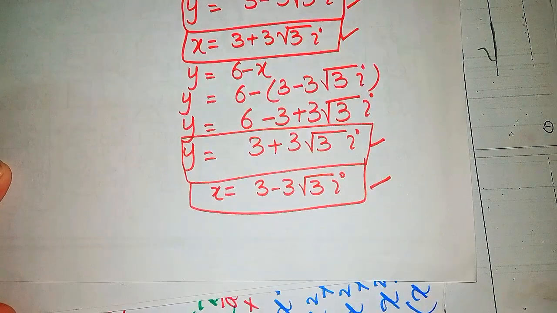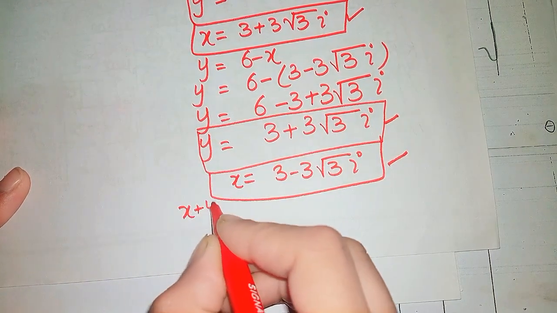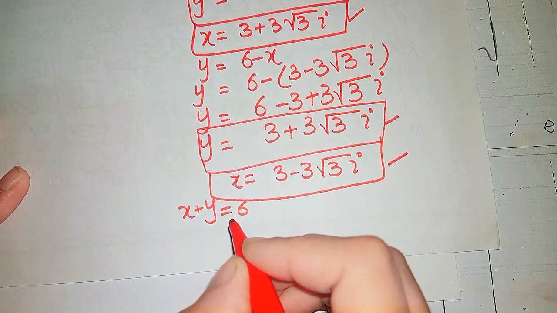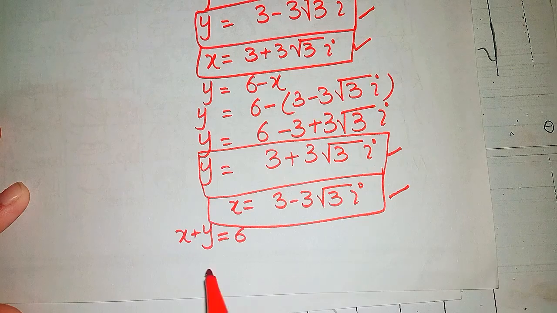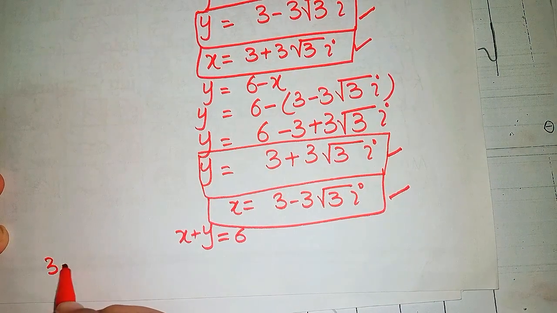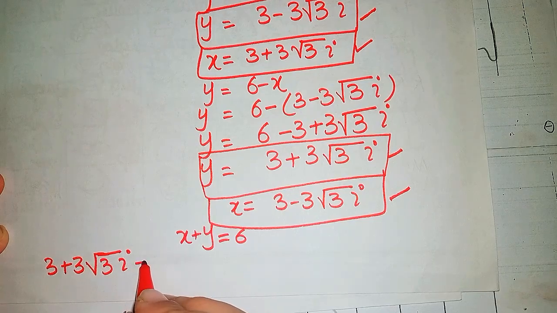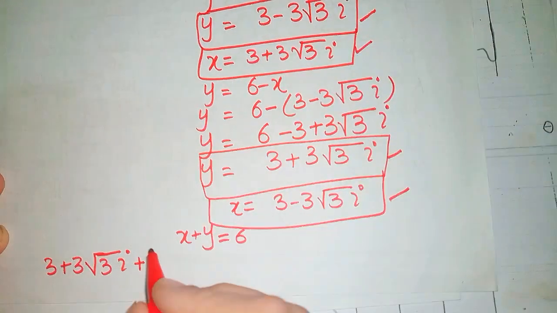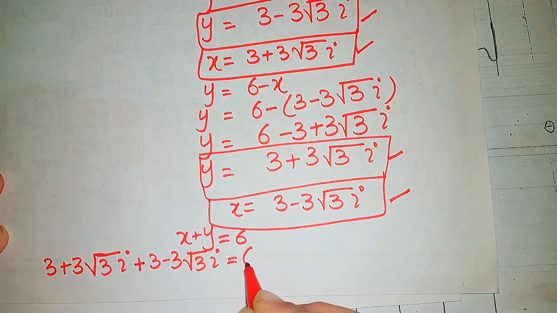Now we have to put it in our equation 1, that was x plus y equals 6, where our value of x is 3 plus 3 into square root 3 iota and the value of y is 3 minus 3 into square root 3 iota, equals 6.